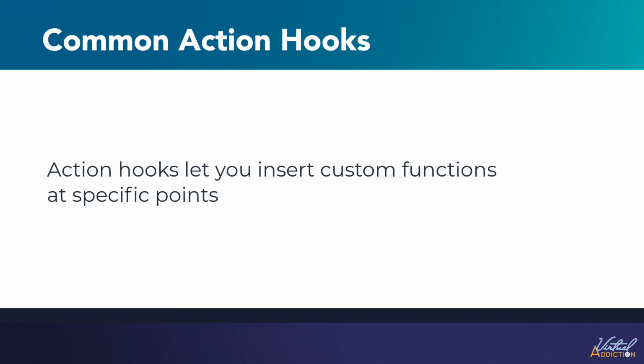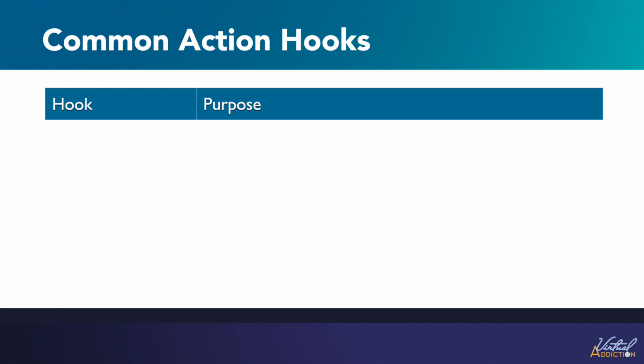As I've told you, an action hook lets you insert custom functions at specific points into WordPress. These functions do not return values, they simply execute a task. Here are some examples of some commonly used action hooks. We've already used the wp_enqueue_scripts hook to load scripts and style sheets.